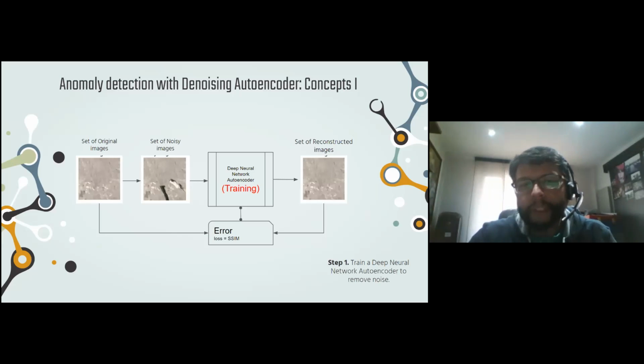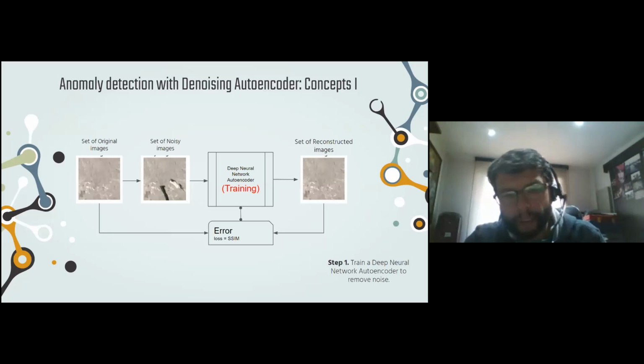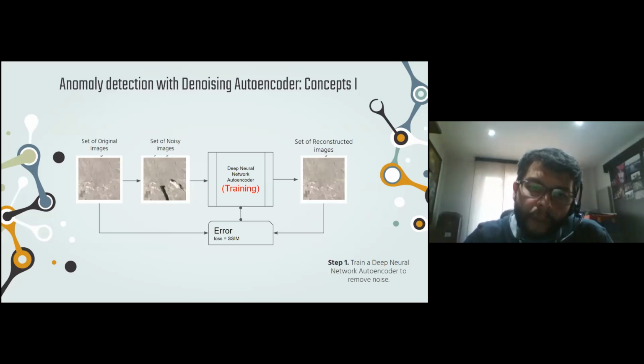Why? Because we need to train the neural network with one architecture like the autoencoder, in order that this deep neural network be able to erase the noise.